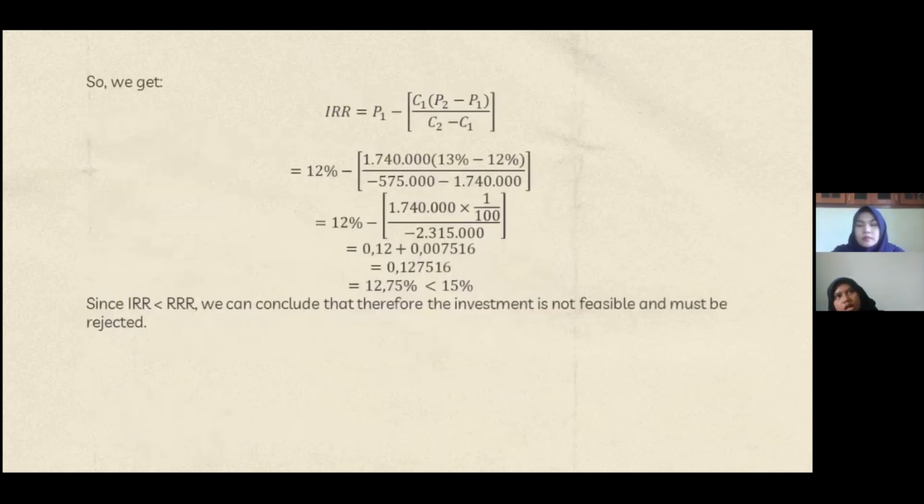After we count for DF equal to 13% and DF equal to 12%, we input them into the formula.